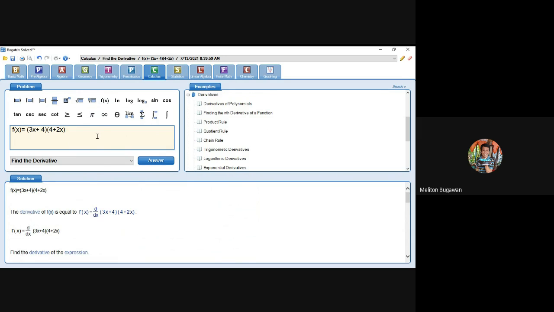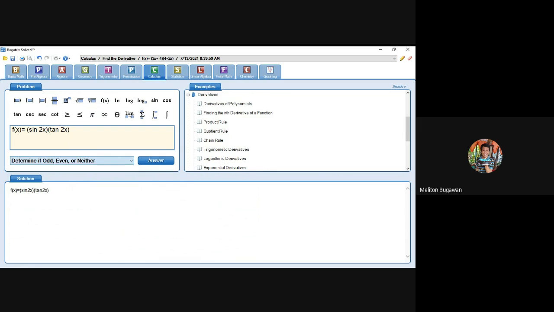So that's it. Now, how about if our equation is dealing with trigonometric functions? For example, we are looking for the derivative of the given function sine of 2x times tangent of 2x. Let's go with the first. Find the derivative, which is what is asked in the problem.